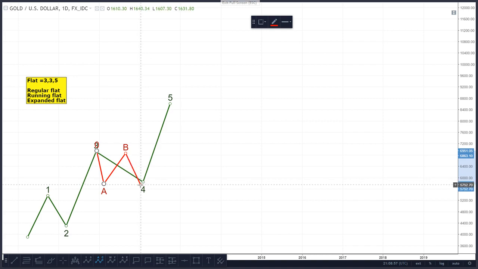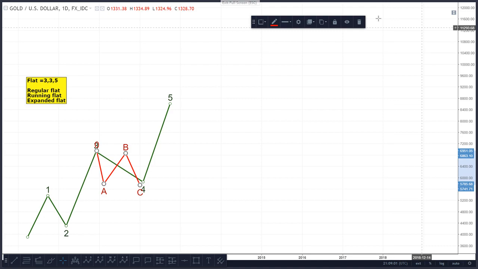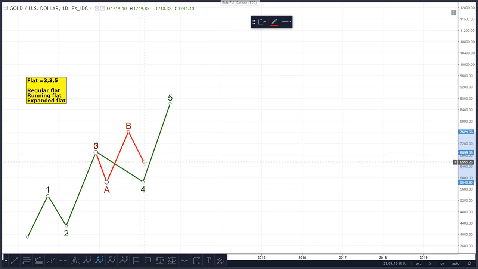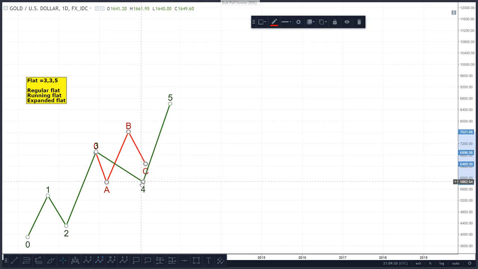So this is what we call a regular flat. Alternatively, it may form a running flat. So A would come down to here, B here, and then C up here.